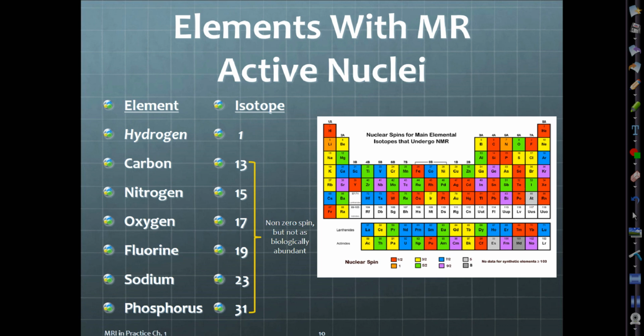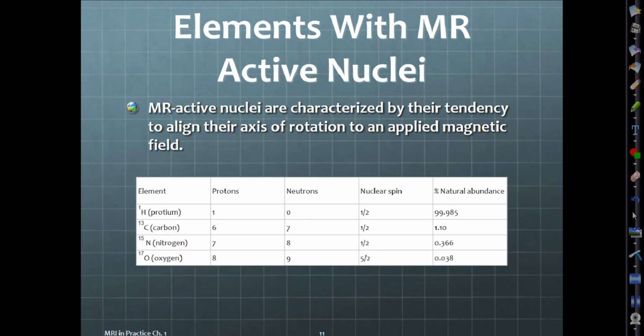So it creates a very small net magnetic vector of nitrogen, but if you have a very strong magnet, that net magnetic vector gets larger and larger. So now we're able to do experiments with exciting these other elements, which is pretty cool because it gives us other information about the patient's body. That's the future of MRI: you're able to image other MRI active nuclei.